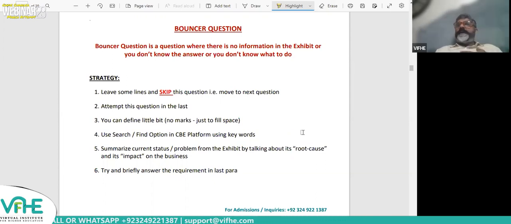You will miss a heartbeat when you look at it. You will say, what is this? Either you don't know that topic, or you don't understand the requirement, or there is no information in the exhibit. Whatever the reason, it's a bouncer thing. You don't know anything about it. Every paper will have that question. Is that clear?